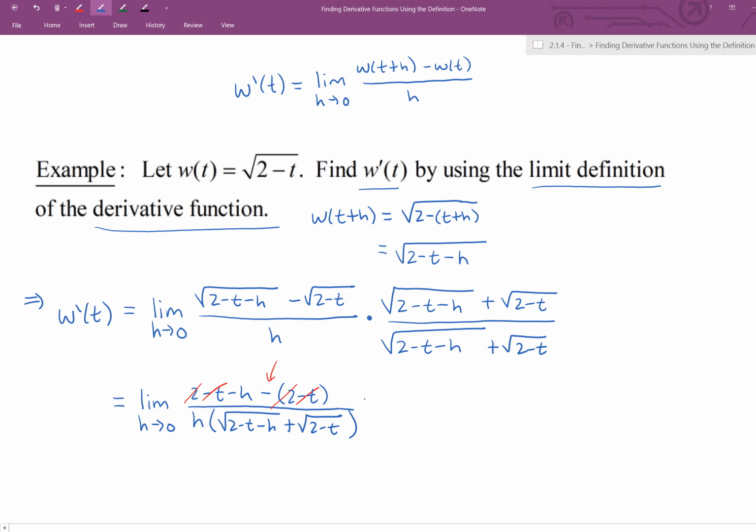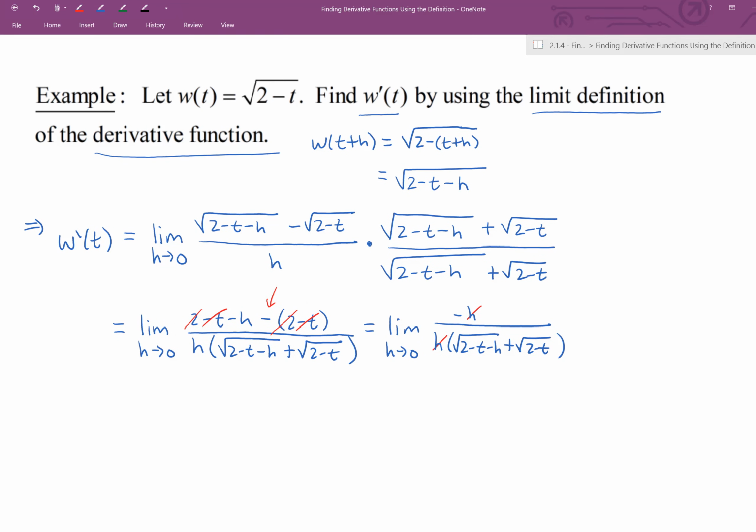So hence we get the limit as h goes to 0 of negative h in the numerator divided by h times, again, that sum, square root of 2 minus t minus h plus square root of 2 minus t. And then you can see those h's are going to cancel out.